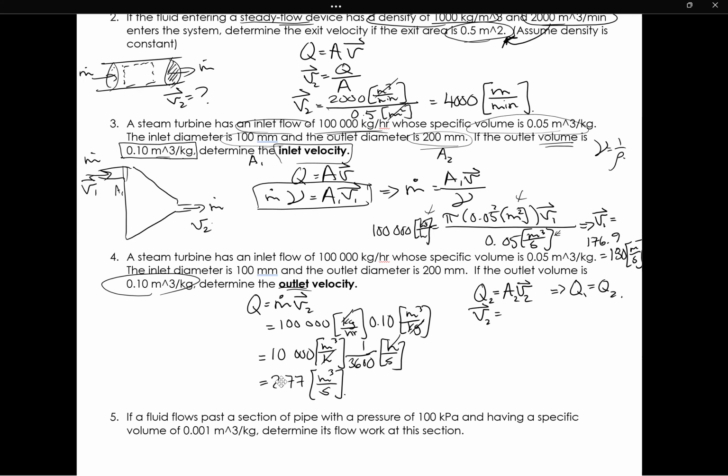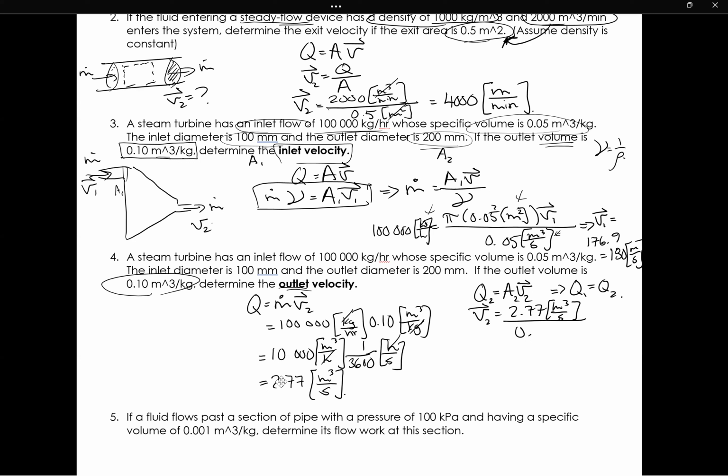So then my velocity V2 is going to be Q over A, which is 2.77 meters cubed per second over 0. Where do I have the area?